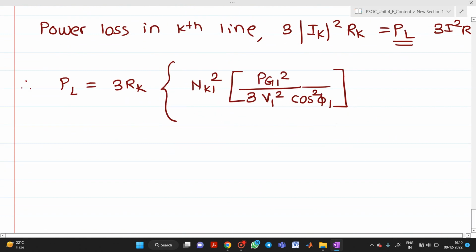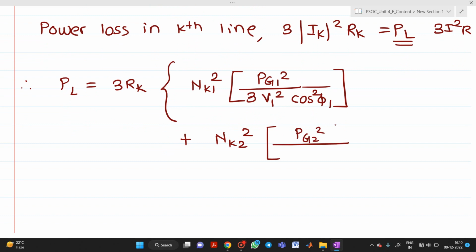So how can I write it? The next term will be plus nk2 square into bracket Pg2 square upon 3 into V2 square into cos square phi 2. How do we get it?